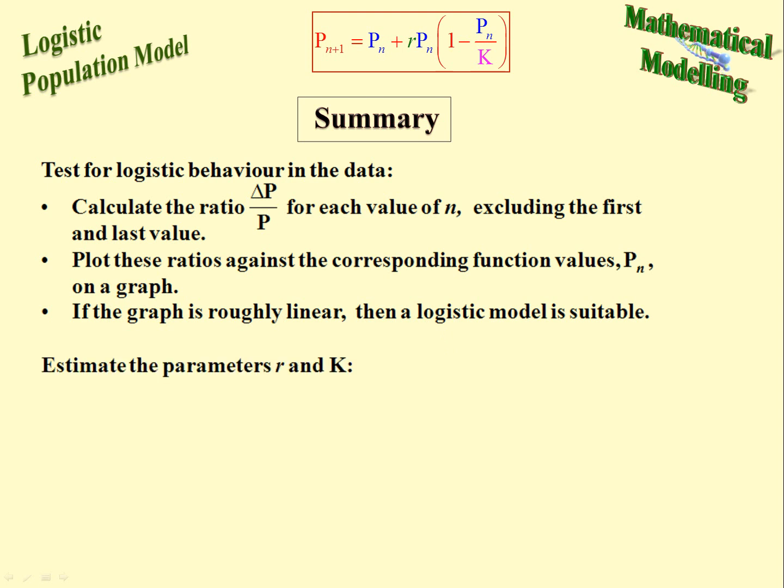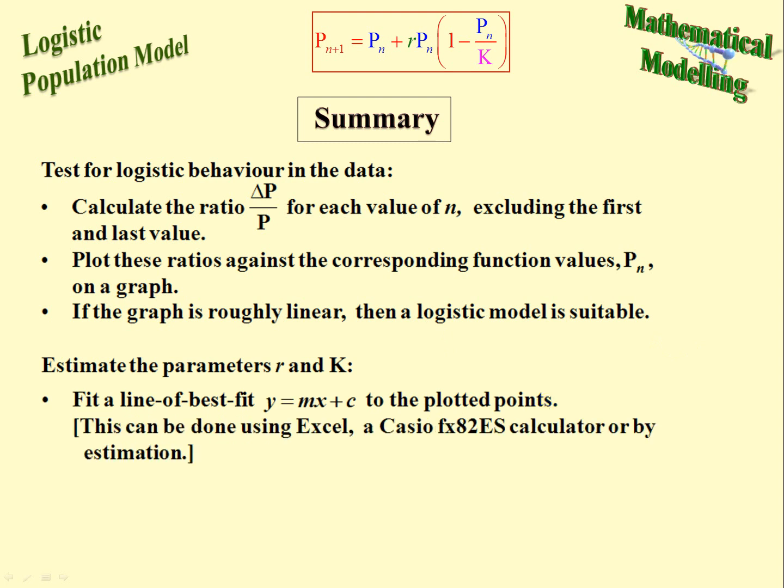Estimate the parameters R and K. Well, this is just straight algebra. Fit a best fit line to the plotted points. The best way to do that is entering it on a calculator or doing it on Excel. You can estimate it too by drawing what you think is the best fit line and choosing 2 points on that line, and finally finding the equation the normal algebraic way.